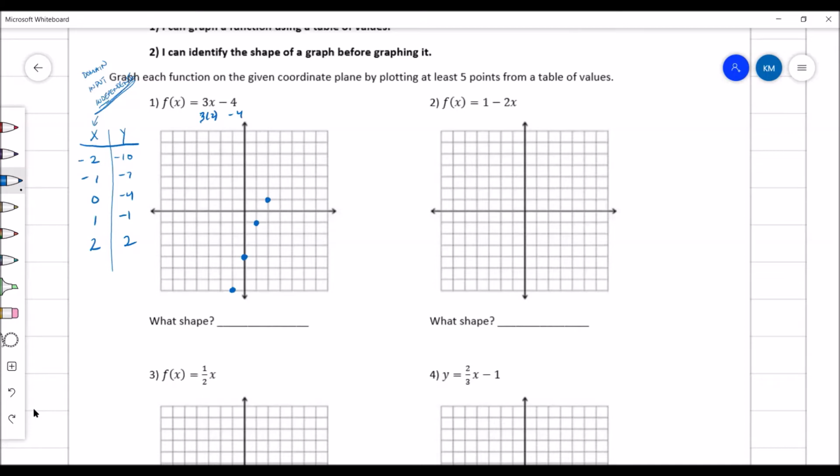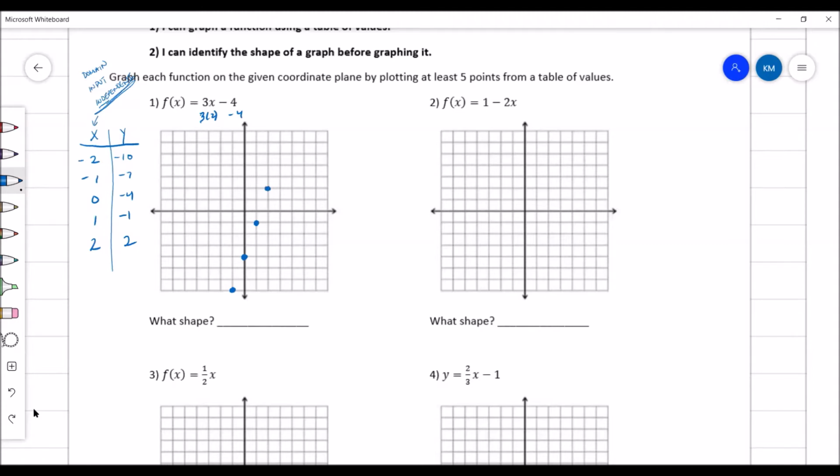Like this isn't right. 2, 2. That's why. There we go. I knew it didn't look right. I said 2, 2, and I should put it at 2, 2. All right, looks a lot better.